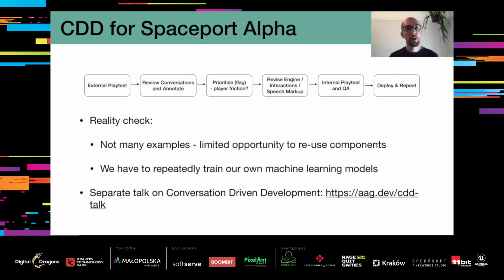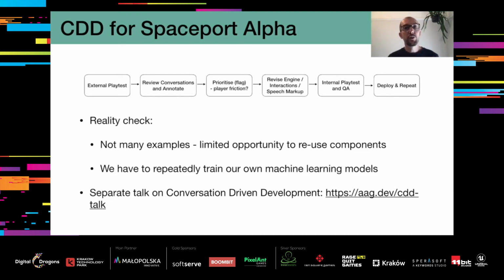For example, I might consider where the player friction is. How can I alleviate that and enhance their experience? I'll often then revise the game engine, the interactions in the game, and perhaps even the speech in the game, the AI-generated speech, to clarify, explain better, guide the player better.